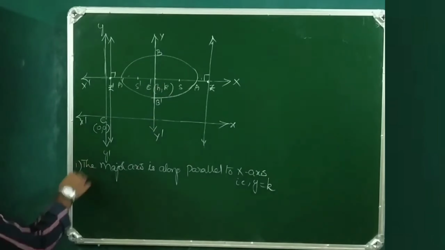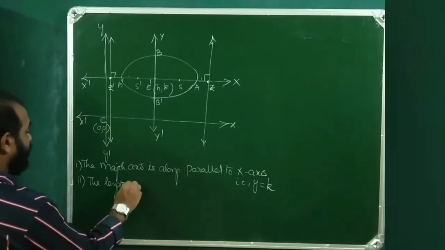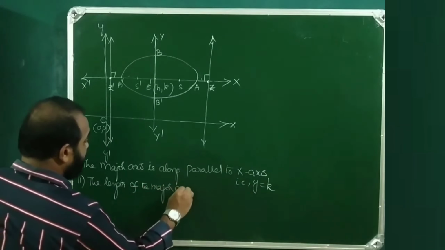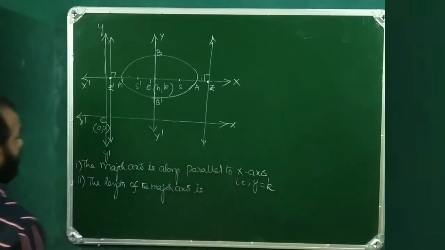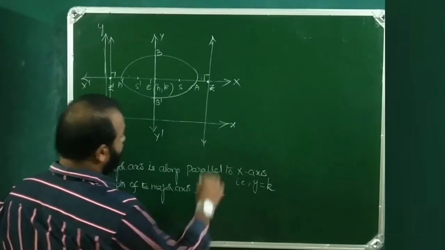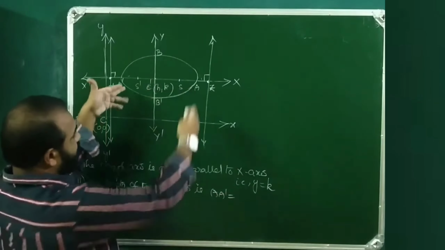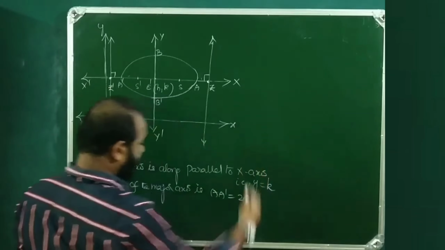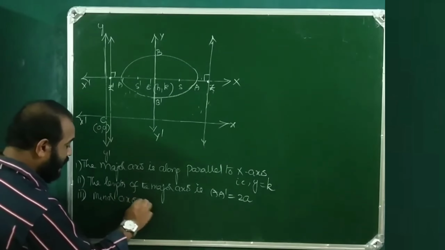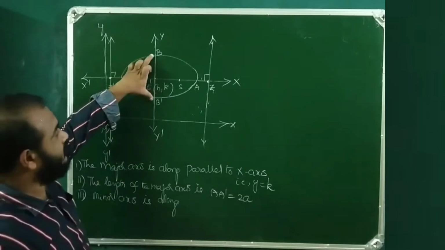Now, the length of the major axis is here also 2a only. This a dash is equal to 2a, and the minor axis is along, now the minor axis is this.